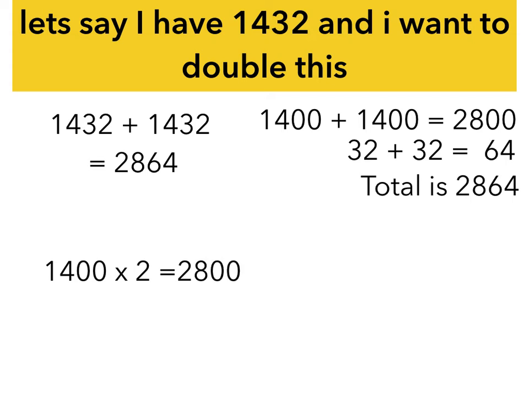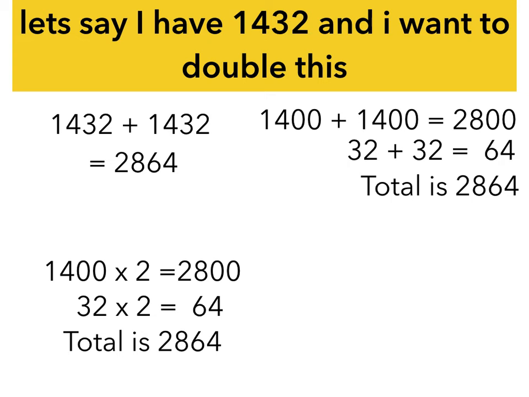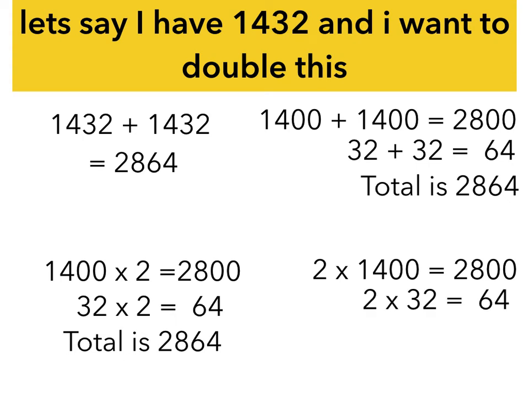The third way of doing this is to multiply 1400 by 2, which will give you 2800, and the remaining 32 you multiply by 2, which will give you 64. This is the way of doubling in terms of multiplication. So the total here will be 2864. Or we can do 2 times 1400 and 2 times 32, which will still give us the same total of 2864.